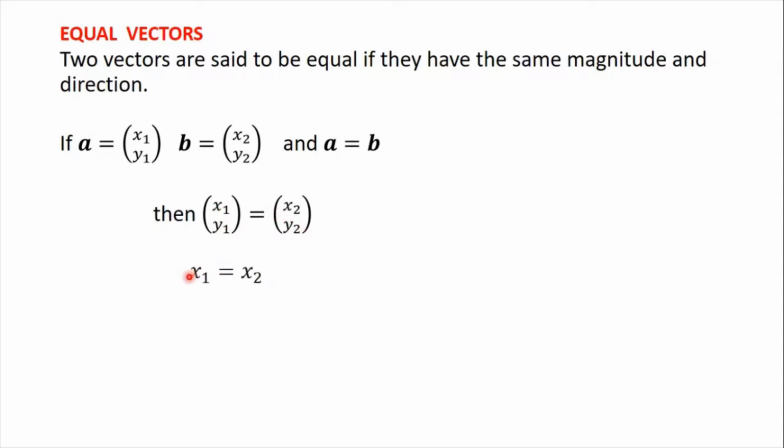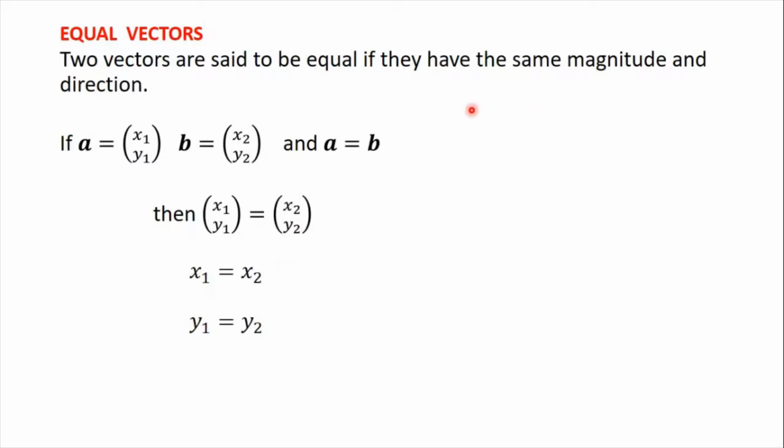So x1 is equal to x2 and y1 is equal to y2. So if two vectors are equal, then the x component of one vector is equal to the x component of the other vector, and the y component of one vector is also equal to the y component of the other vector. Those two vectors will have the same magnitude and direction.